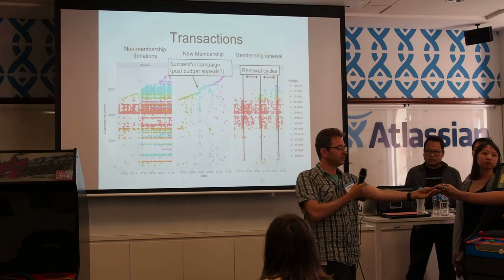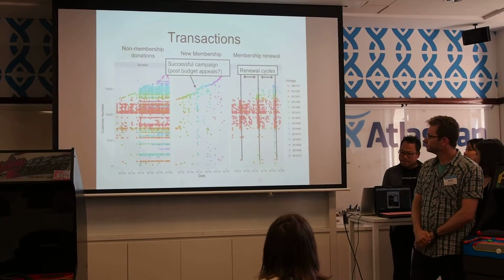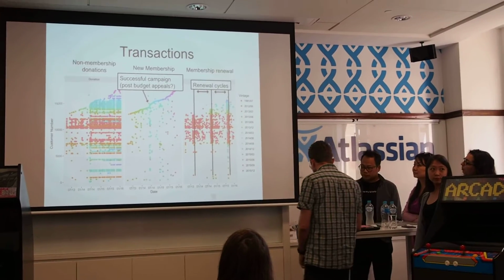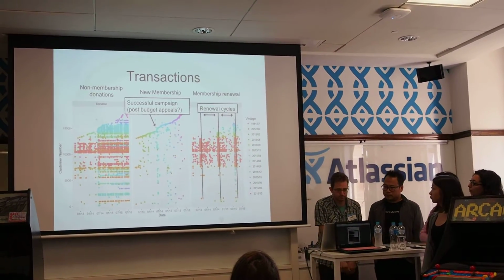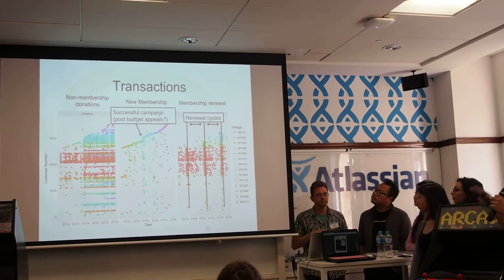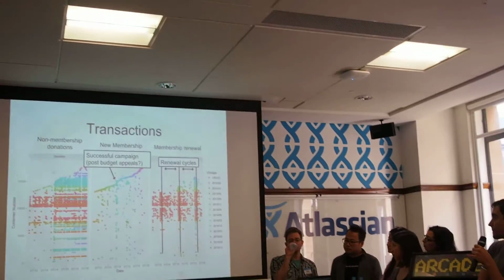Some of the things I looked at were the transaction data, trying to enrich it a little and match it to campaigns. This also gives you a feel for the whole state of the transaction data.